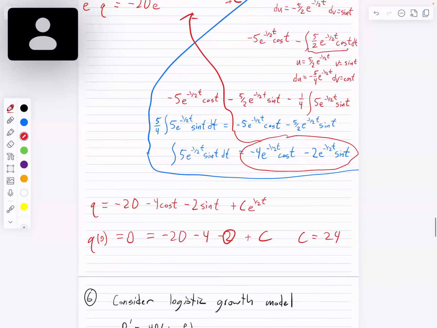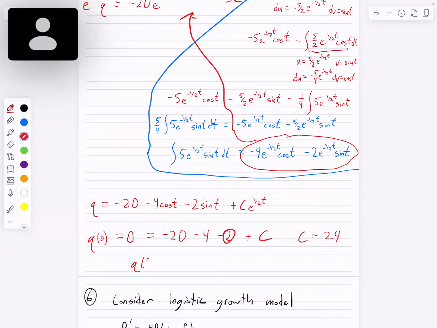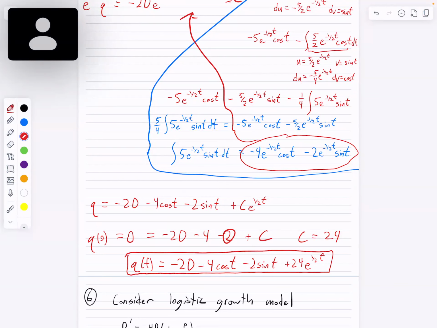C equals 24. So q of t, the final answer, is negative 20 minus 4 cosine t minus 2 sine t plus 24 e to the 1/2 t. So I will say it again, that this mixing problem is way harder integratively, like the integral is way harder, but the idea is good.